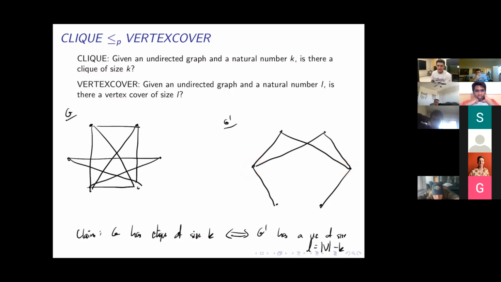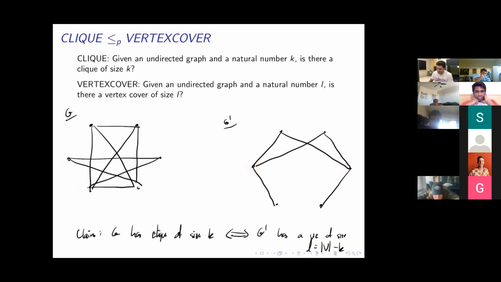Every edge in the new one is indeed hit by one of those 2 vertices. But the reason this works in general is, suppose I have a clique of size 4 in the original graph, these 4. Let's look at the complement, the vertices that aren't in the clique. Those will form a vertex cover, and here's why.